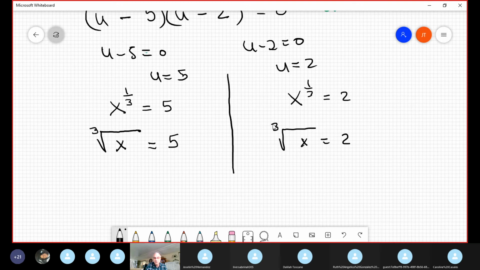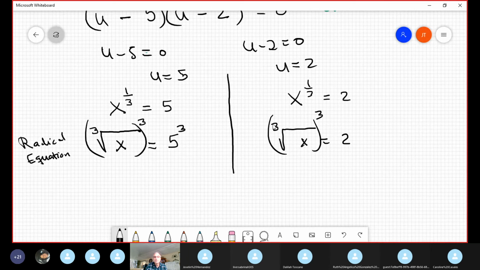So at this moment, we have two radical equations. Remember the key idea for solving any radical equation: in this case, raise to the cubic power because the index is 3. Cubic power and cubic root cancel each other out, and it's x equals 5 to the cubic power, and 5 to the cubic power is 5 times 5 times 5, 3 times.